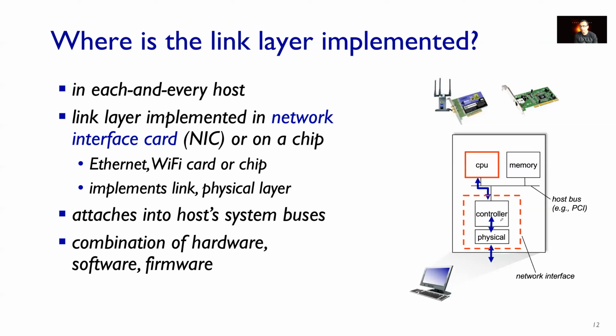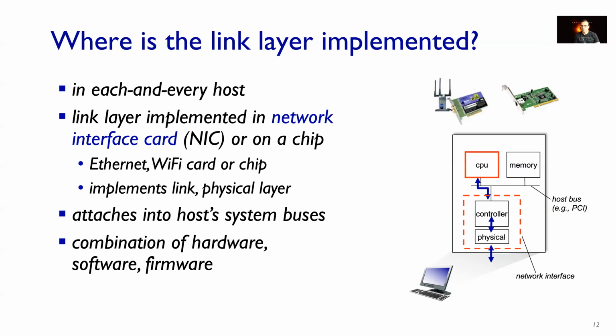It's typically connected to the host bus that connects all these chips to the CPU and memory. And that hardware chip will also implement the physical layer, which we are going to skip in this course. That takes care of the actual modulation and transmission of the data. If it's a wired link, there would of course be a connection to an Ethernet port.